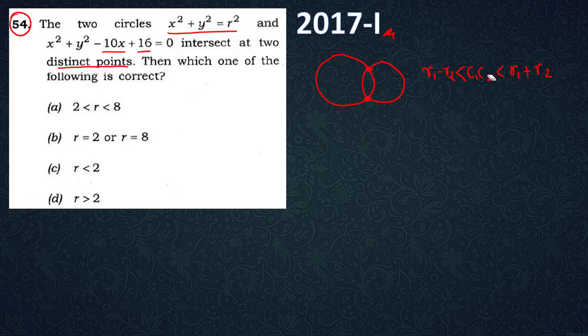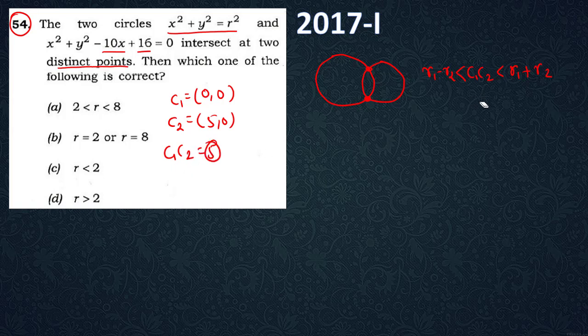So let's find out c1, that is the center coordinates of the first circle. So c1 is 0, 0. What about this second circle? इसका center, g is minus 10 by 2, it is minus 5, so center is 5, 0. So what is c1 c2, distance कितना है इसका, distance is 5.